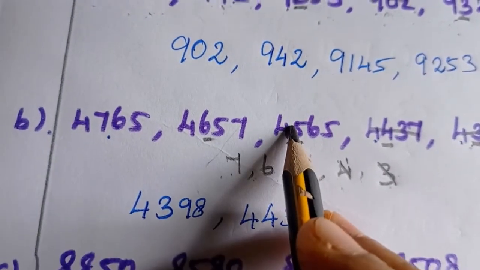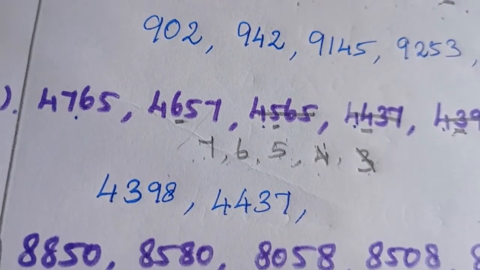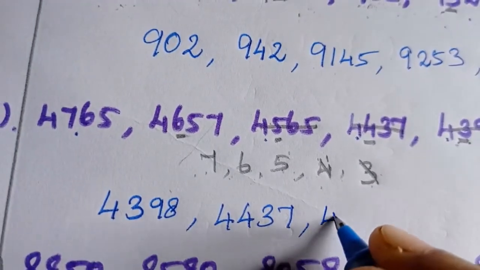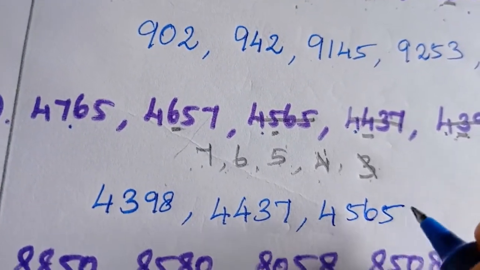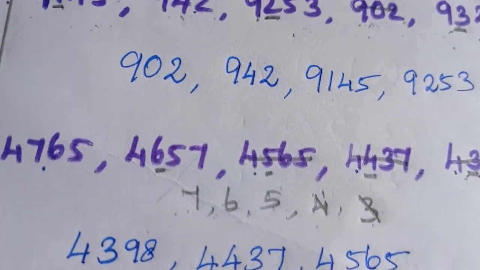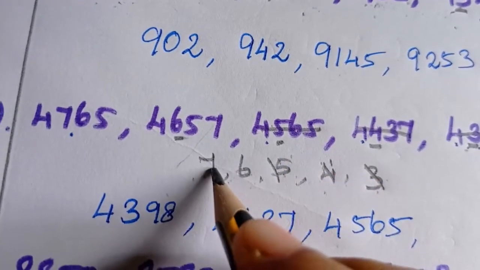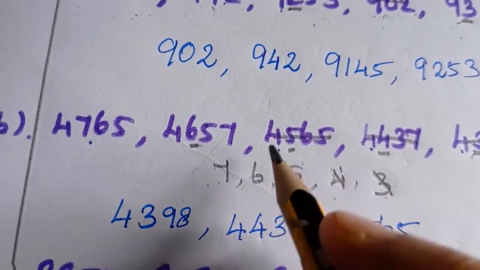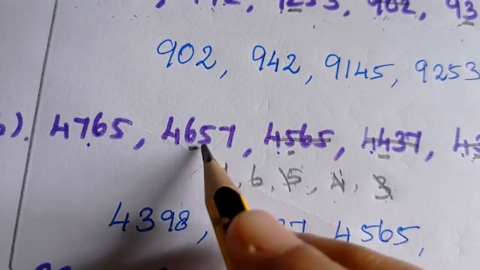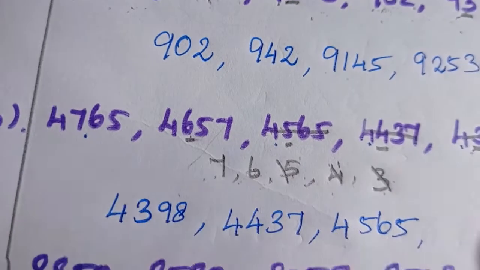So 5 belongs to this number, 4565. Okay. So write 4565 as the next number. So for the next number, among 6 and 7, which is the smaller number? 6. So the place value 6 belongs to this number. Okay.